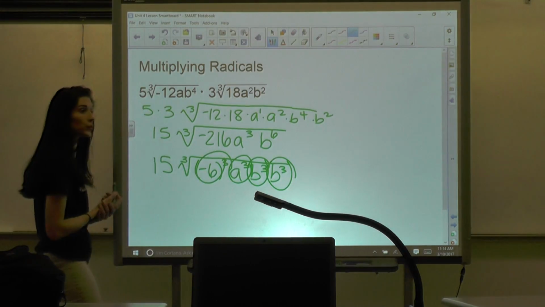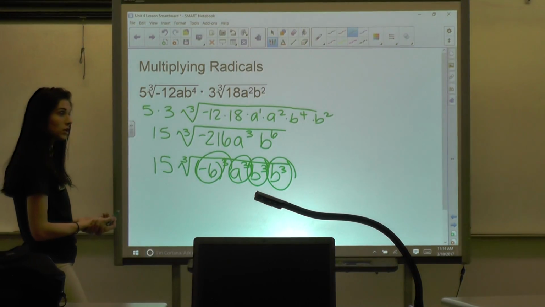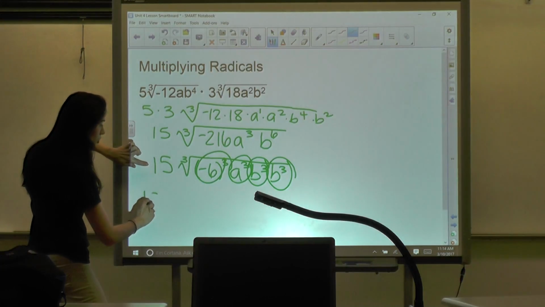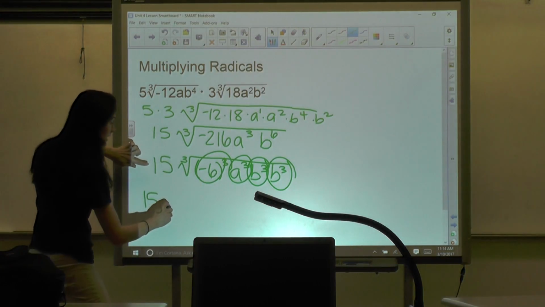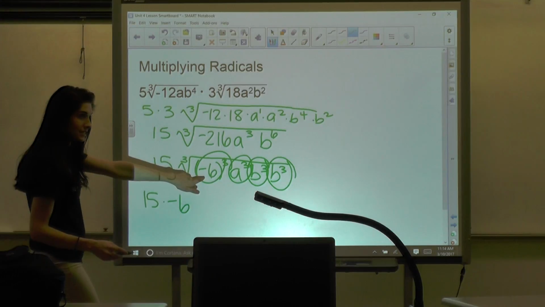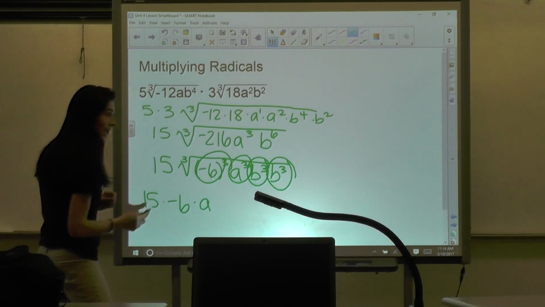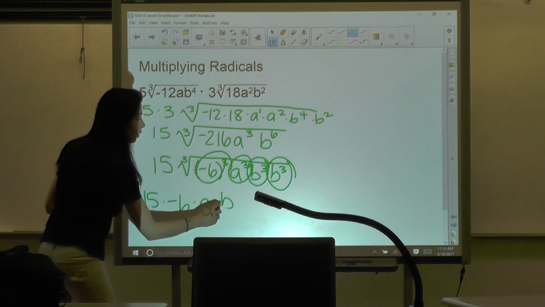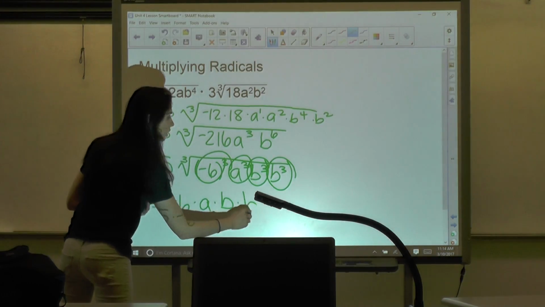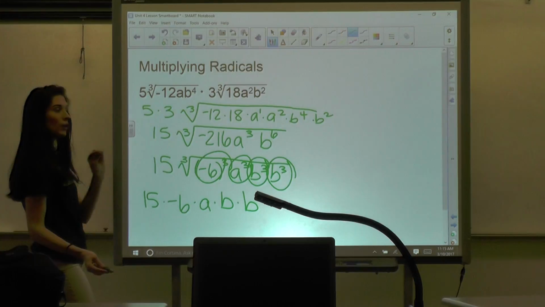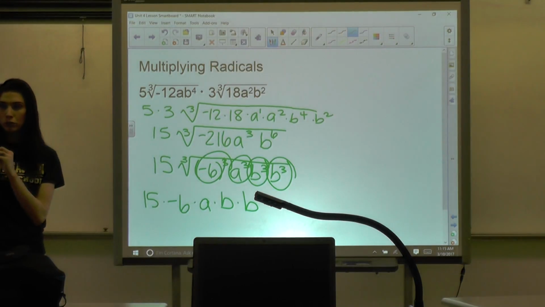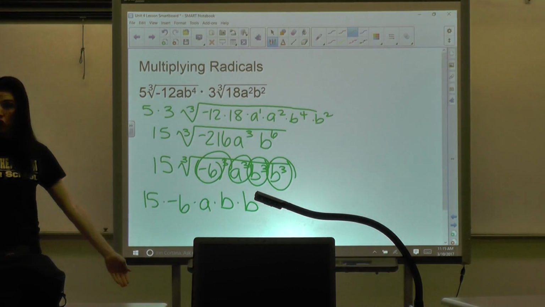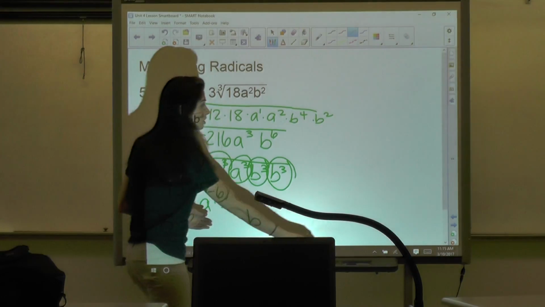I have 3 b's. So I have my 15 that was already out there. I bring out 1 negative 6. I bring out 1 a. I bring out 1 b, and 1 more b. And do you have anything left under that cube root? No, so it's gone.